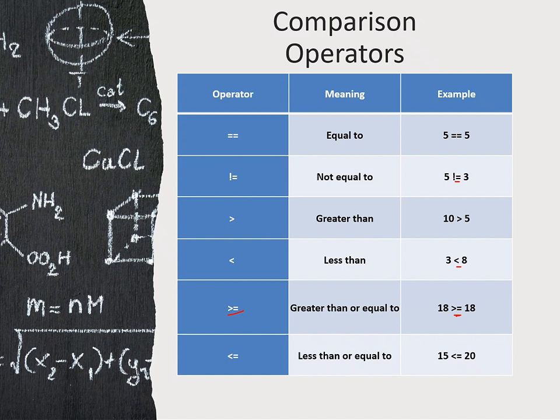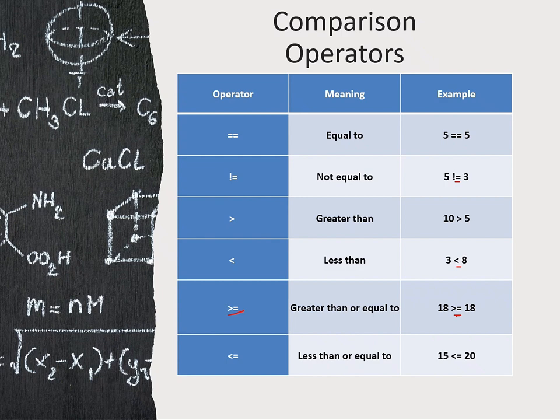Greater than is talking about numbers that are higher than 18. That is, any number less than 18 cannot be equal to 18, but any number greater than or equal to 18 can be a number greater than 18 or equal to 18. So that means here we will have a value from 18 upward, but any number lower than 18 will not be equal to 18.